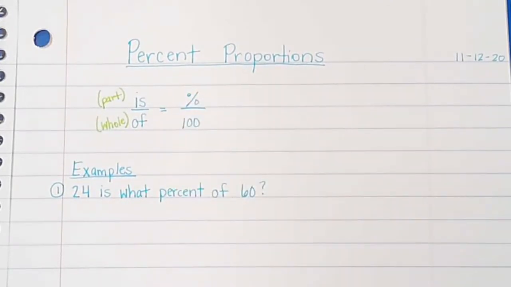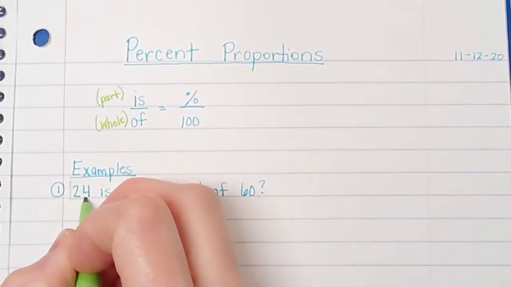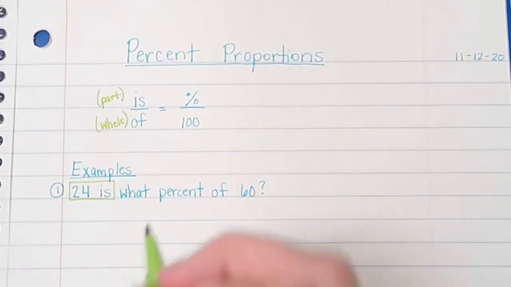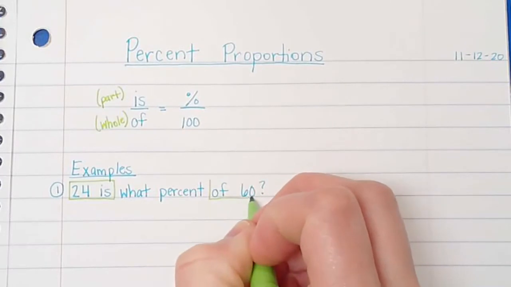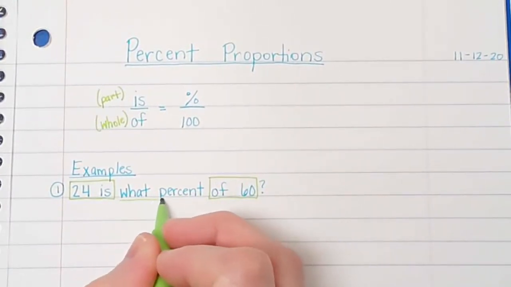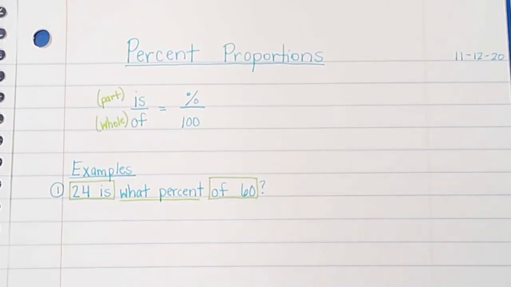Whatever number is attached to those words is where those numbers go in the proportion. So for example, I see right here that it says 24 is, I see of 60, and then kind of right here in the middle, I see it says what percent. So what jumps out right away is that I don't see a percent sign. I don't see a number going with the percent.